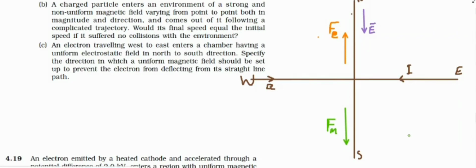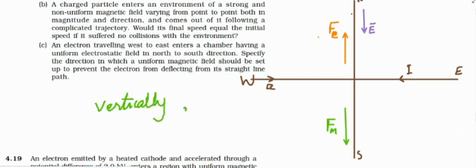Now, you can see there, current is from east to west. Force due to magnetic field is from north to south. Use Fleming's left hand rule. Then you can see the magnetic field should be vertically downward.